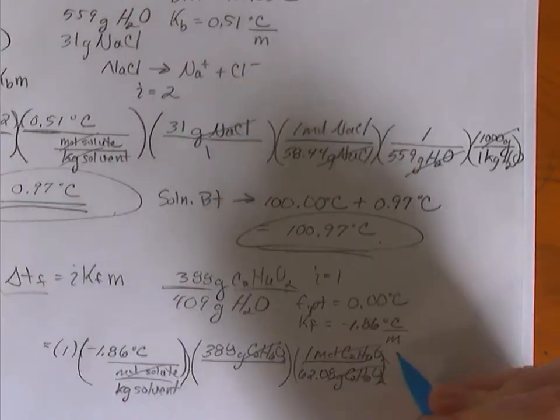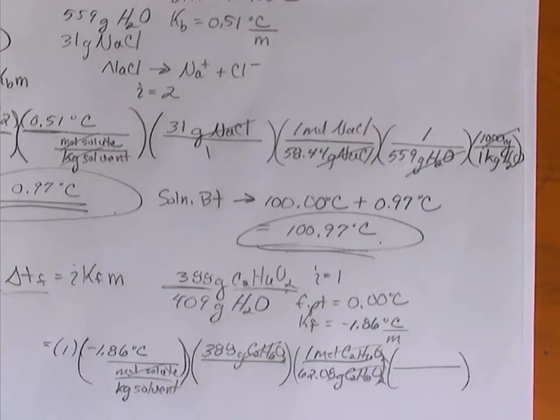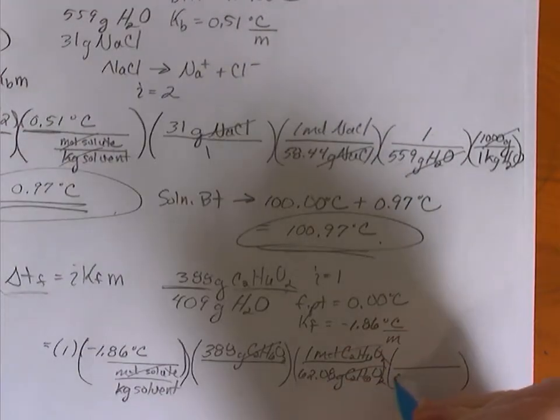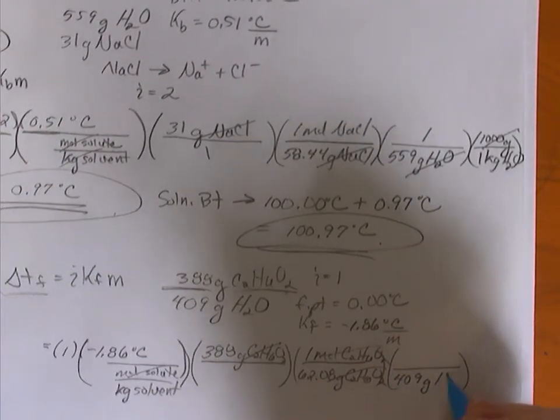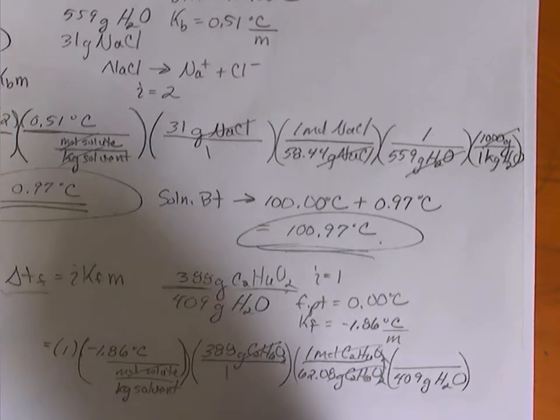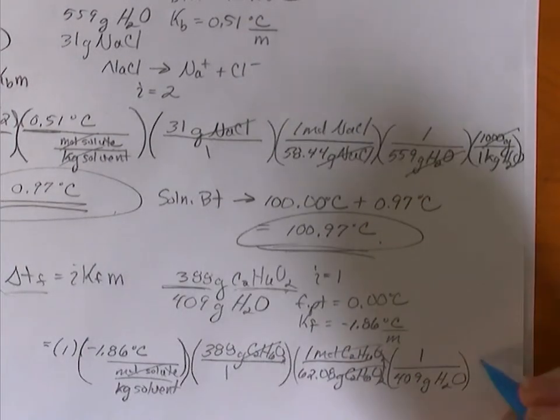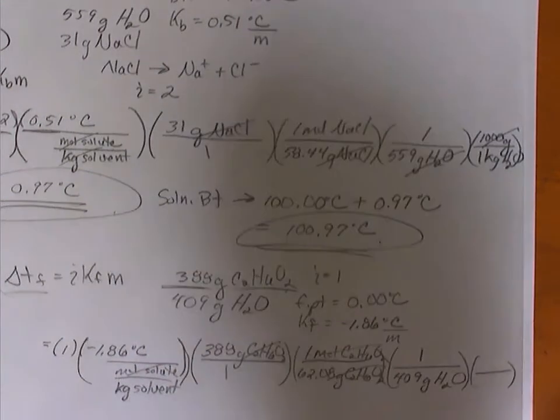But we need it per kilogram of solvent. And we are given 409 grams of water. Just like you can put this over 1, we can put that under 1. And we need to get ourselves to kilograms.